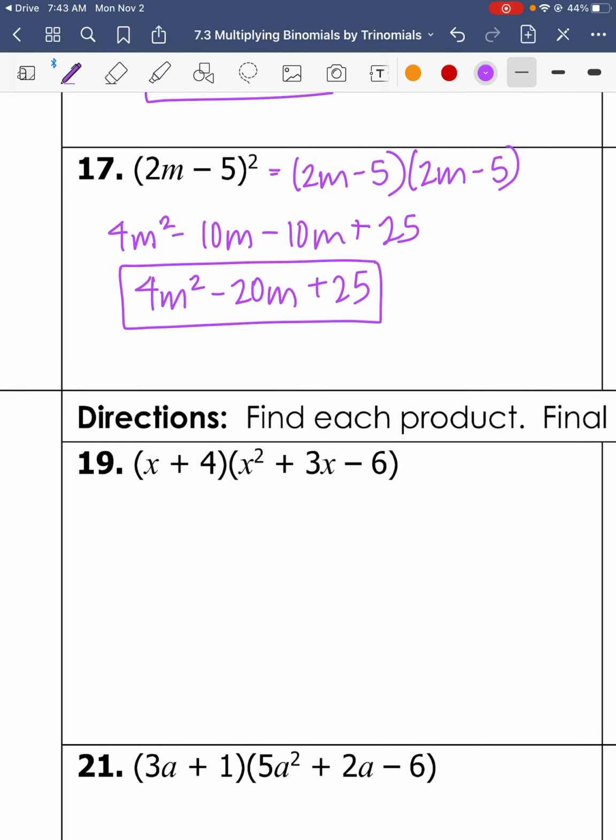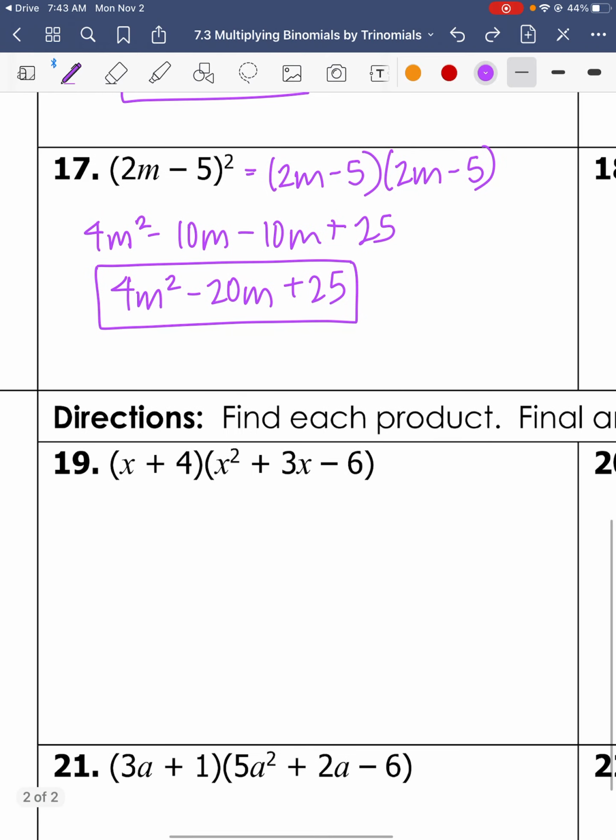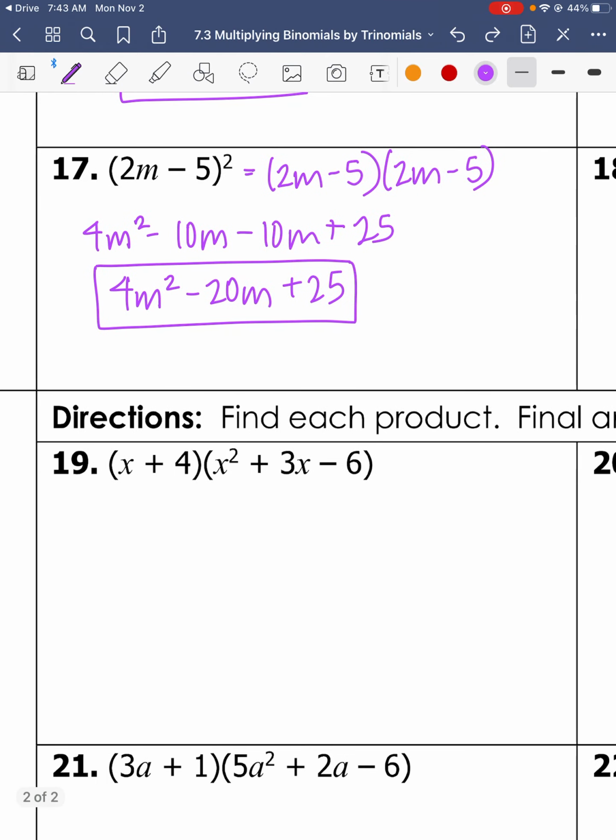So we have 2 terms in the front, 3 terms in the back. We're not necessarily going to be able to use FOIL anymore, because there's more than 4 terms. There's 5 terms now.